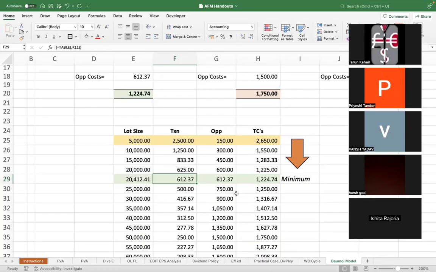Because as you become more conservative, you order larger lots, so your transaction cost falls but the carrying cost rises. So a point will come where they intersect. The point where it intersects is the point which reflects your optimal cash size as per the Baumol model, which is meant to be deployed for cash cost optimization. Okay, thank you.